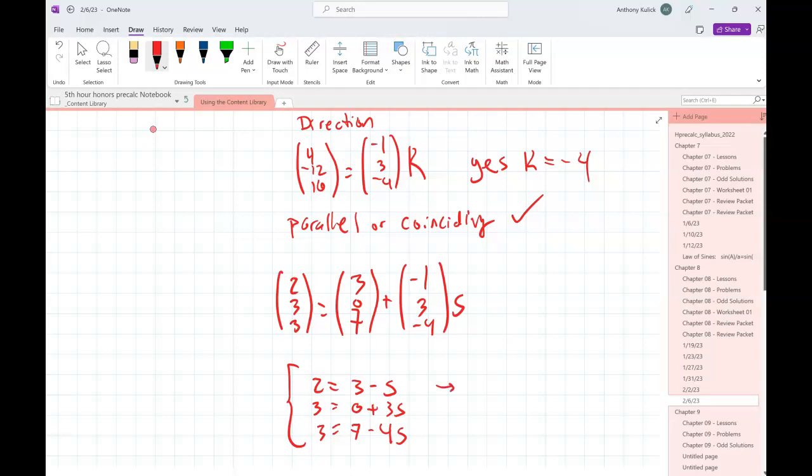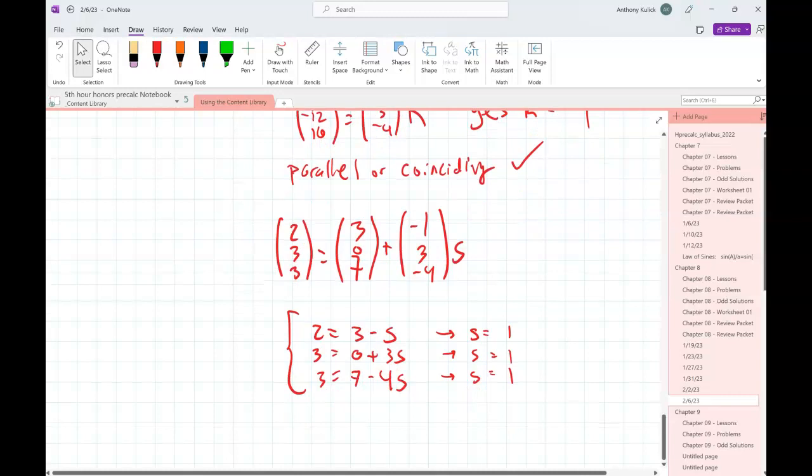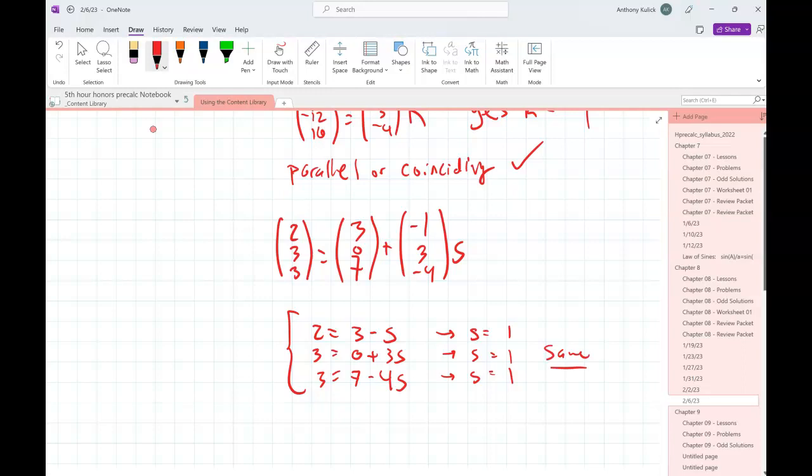So I'm just going to solve these for s. So here I have s equals 1, s equals 1, and s equals 1. So since these are all the same, what do I conclude? This is coincide.